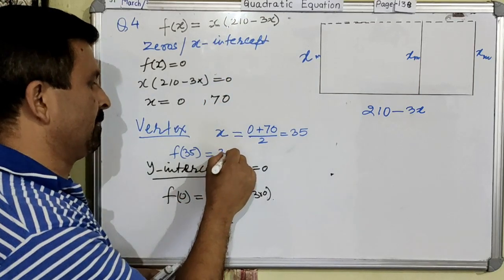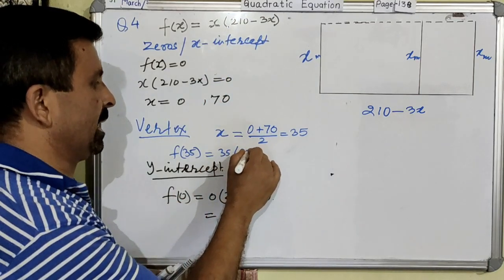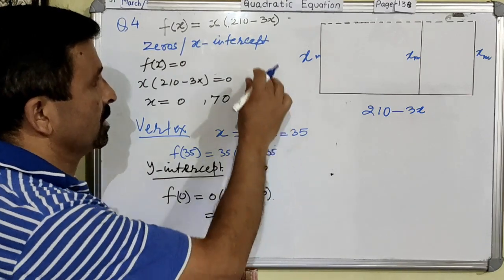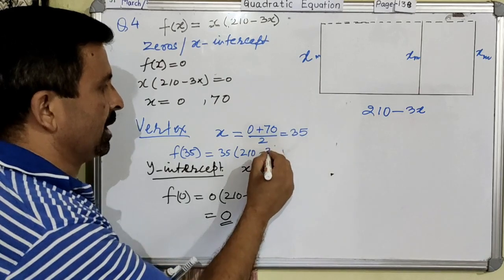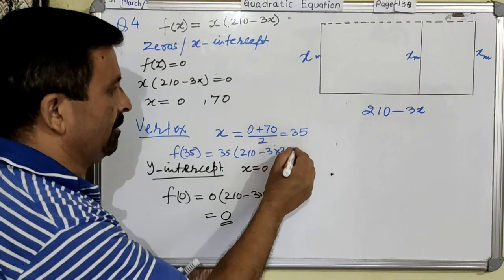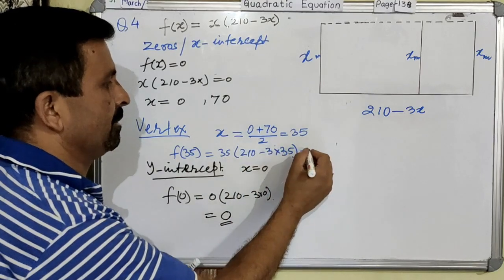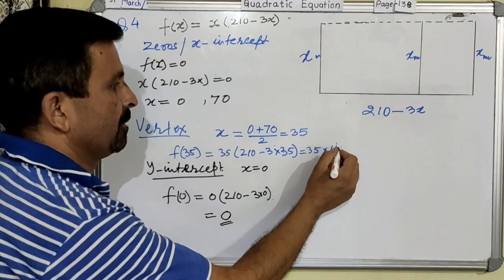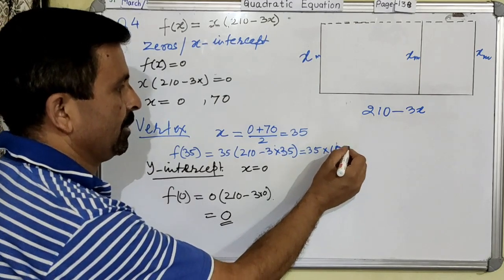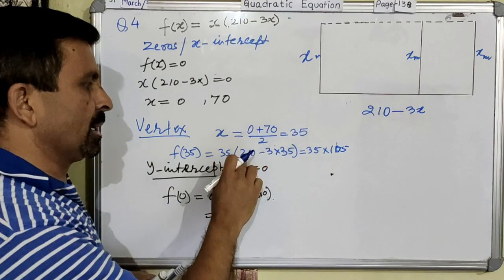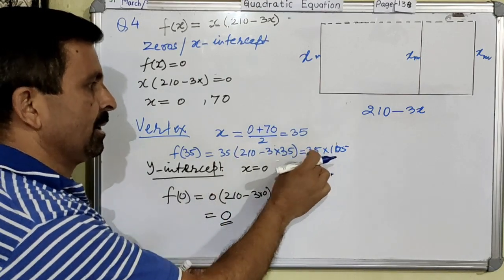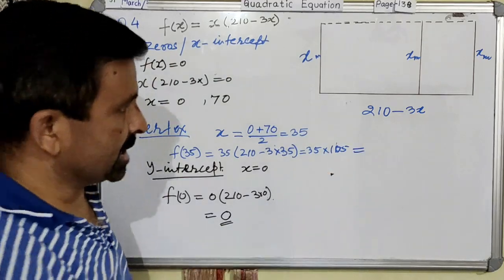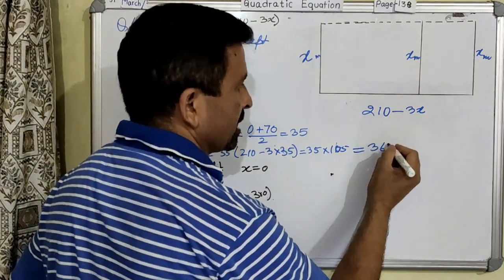So 35 into 210 minus 3 into 35. 3 into 35 is 105, and 210 minus 105 will be 105. Now you multiply these two and the result is 3675.